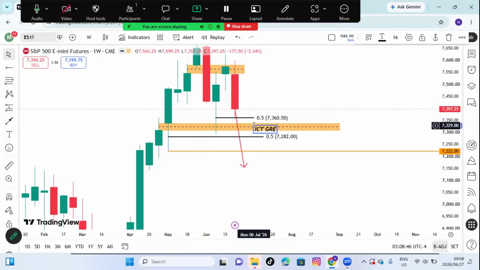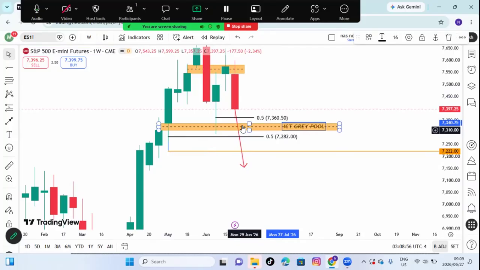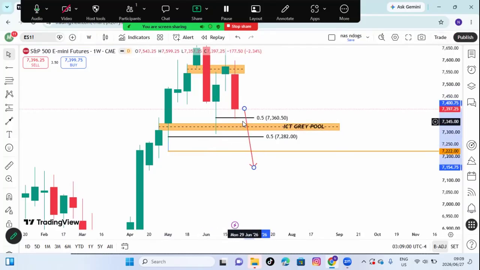ICT gray pool. This is the ICT gray pool here, in between these two levels. So the next candlestick should move through this aggressively. Not slow, dilly-dallying. It should be an aggressive move between these two levels.